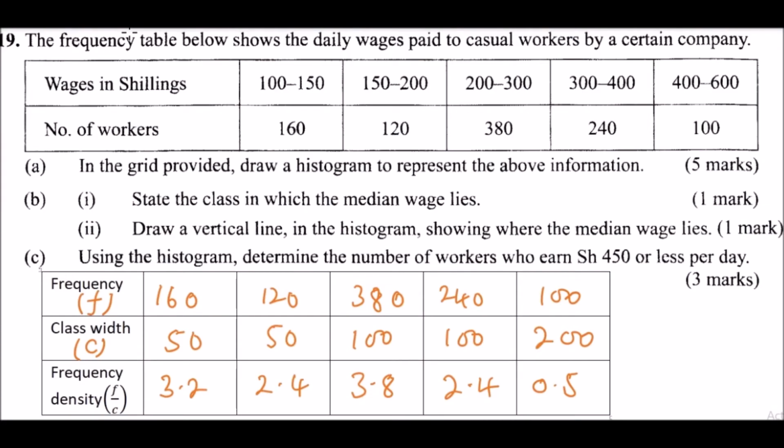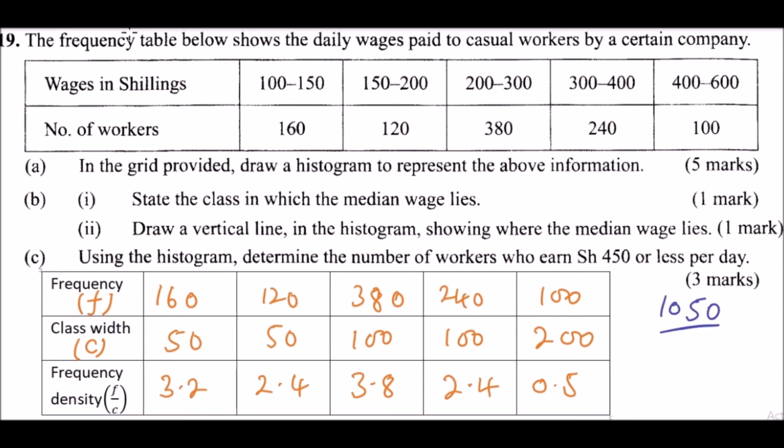Part B, Roman number 1, we are told to state the class in which the median wage rise. Now, if you add the number of workers, that is frequency, total up this, that is 160 plus 120 plus 380 plus 240 plus 100, you find that that will give you 1050.